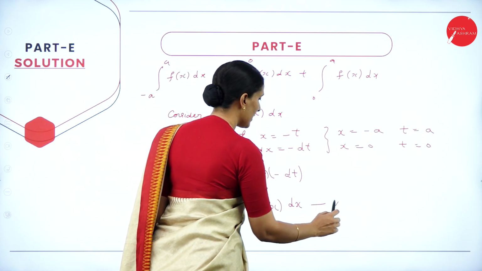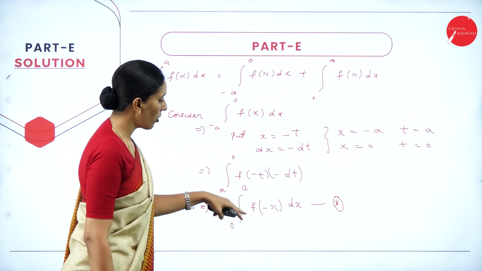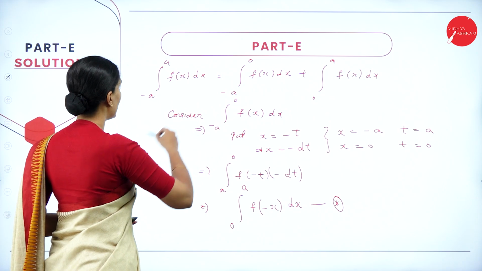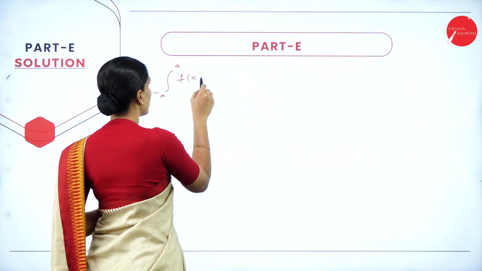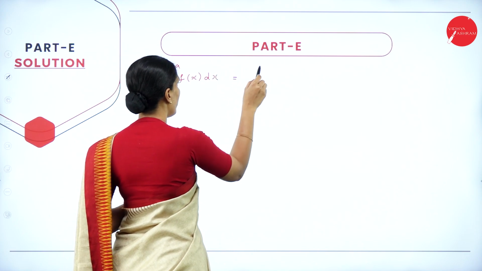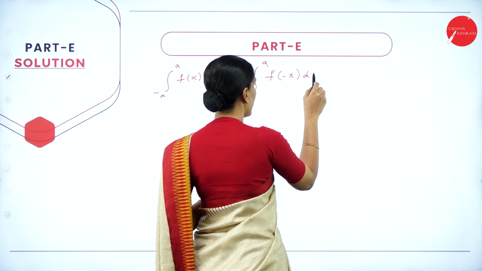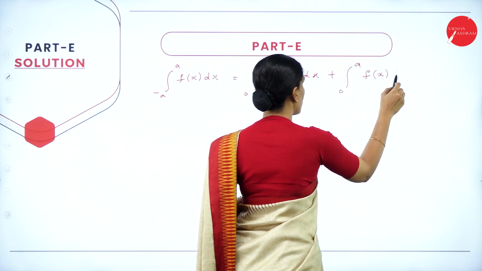Let's take this as equation star. Now depending upon whether f of x is even or odd, the integral minus a to a f of x dx is now in the form of 0 to a f of minus x dx plus 0 to a f of x dx.